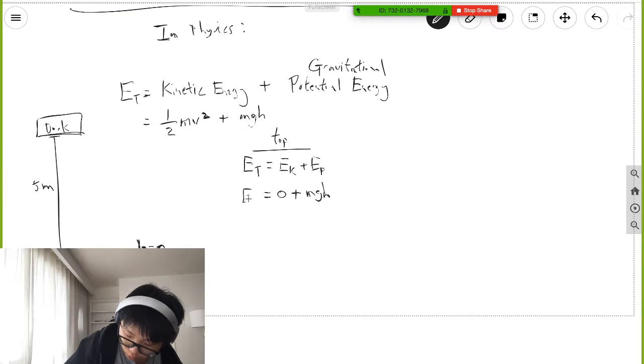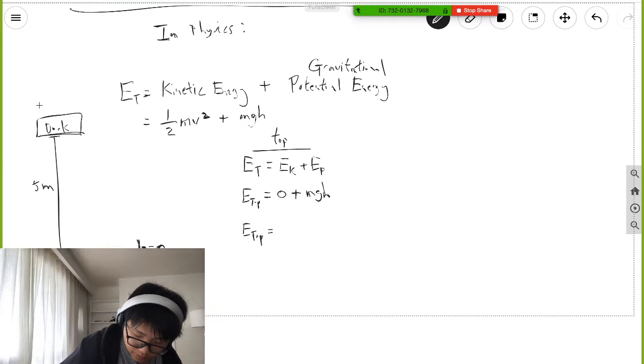So E total at the top is going to be equal to the mass. I should probably give you a mass, sorry. How about 10 kilograms.